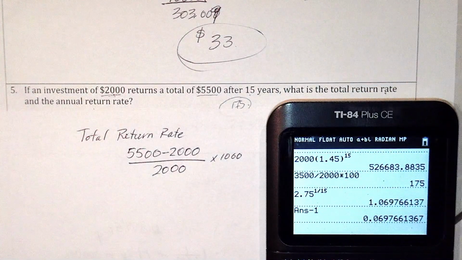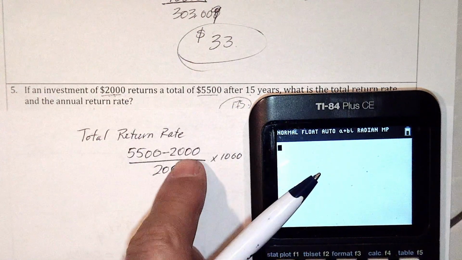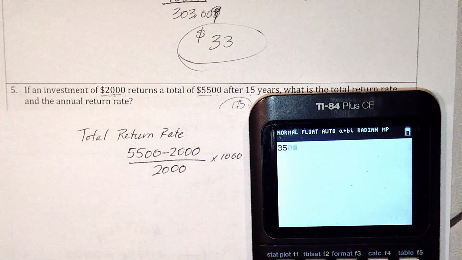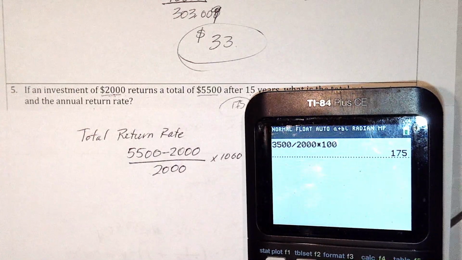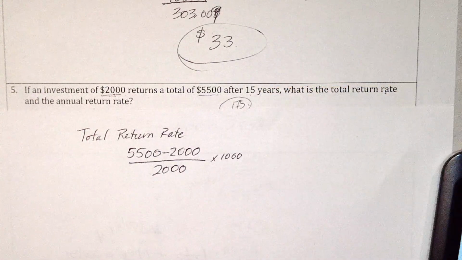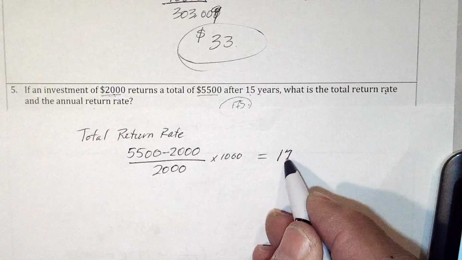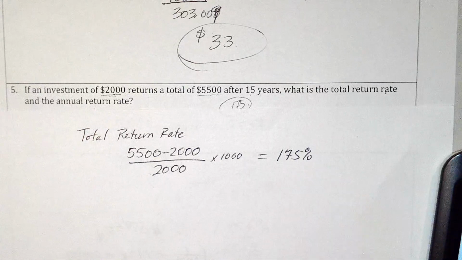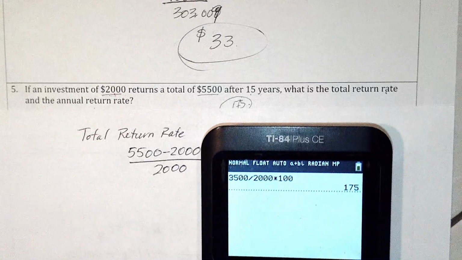So if we clear this, 5,500 minus 2,000 is 3,500, divided by 2,000, times 100 gives us a return rate of 175% in 15 years. So I have 175% more than what I had before.